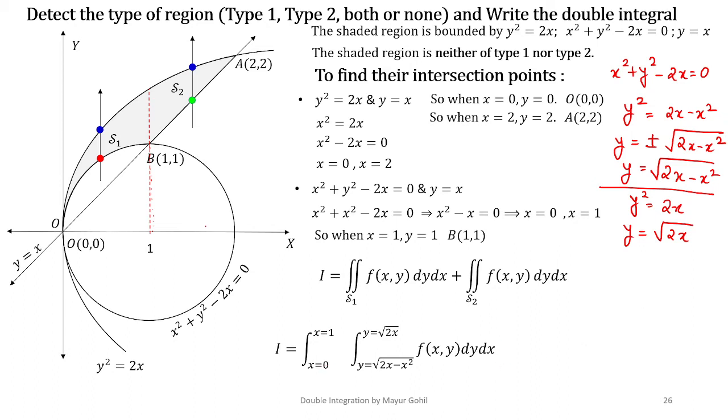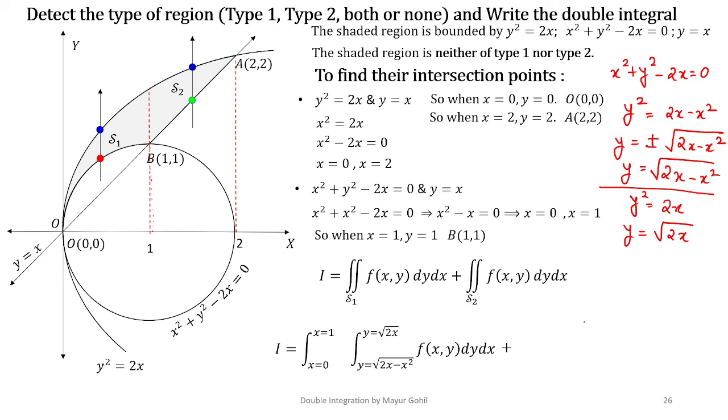Now for the second double integral over the region S2, the projection falls from 1 up to 2. The lower limit is the straight line y equals x, and here again the upper limit will be y equals square root of 2x.